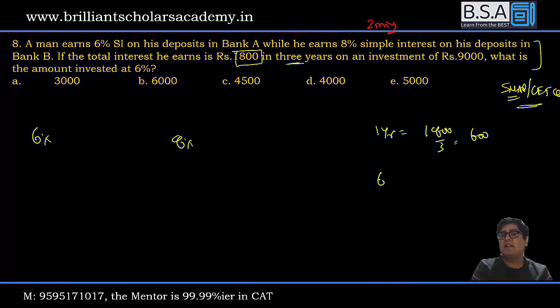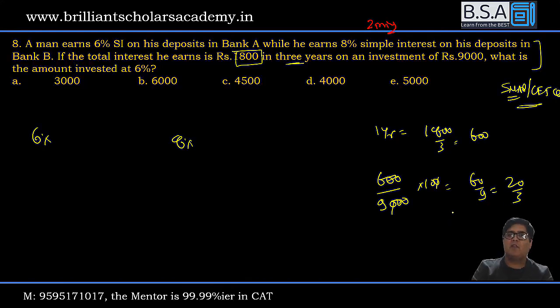Now this 600 rupees would be a certain percentage of 9000. That is his earning percentage. So two zeros are gone, one more zero is gone. 60 upon 9, 20 upon 3. So his earning is 20 upon 3 percent overall.